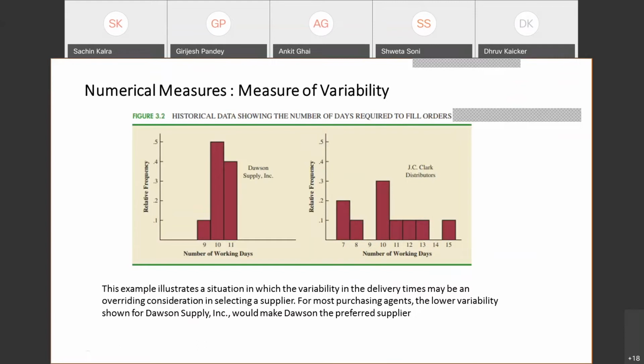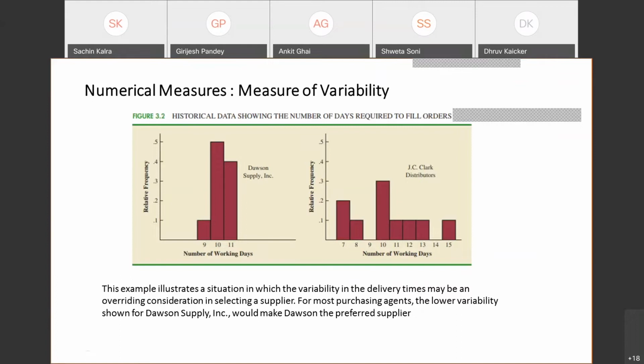Now, one important measure that I have here is that Dawson Supply has an average number of fulfilling days of 10 days, and JC Clark also has an average number of order fulfilling days of 10 days. Now my question to all of you is, do both suppliers have the same reliability?